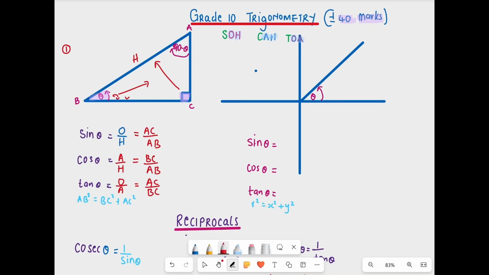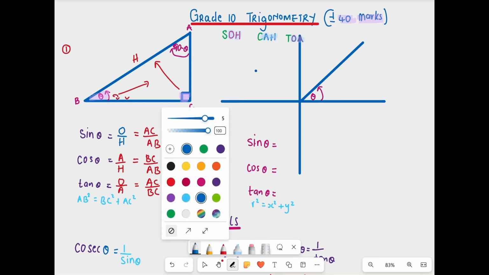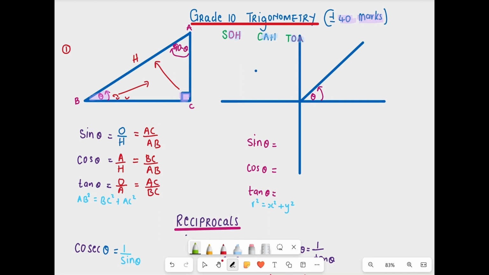Now, you need to note that if you are looking for sine, but your angle is no longer theta, it is 90 minus theta. Remember again, what is the definition of sine? It is still opposite over hypotenuse.